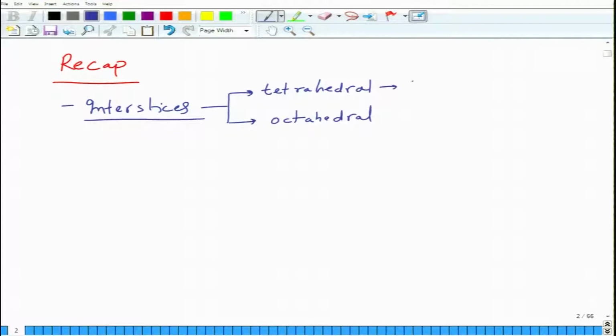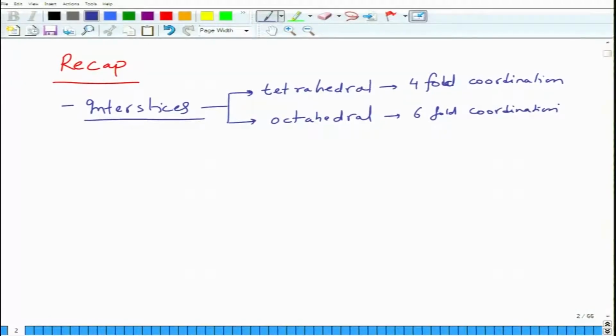So tetrahedral void is characterized by four-fold coordination because it's a body with four corners. As a result, the impurity that sits inside has four neighbors, whereas octahedral is a six-fold coordinated void.